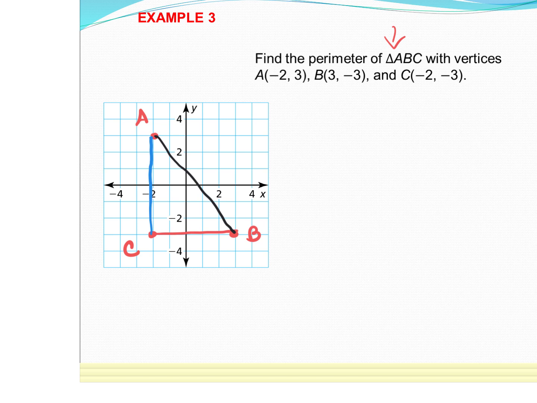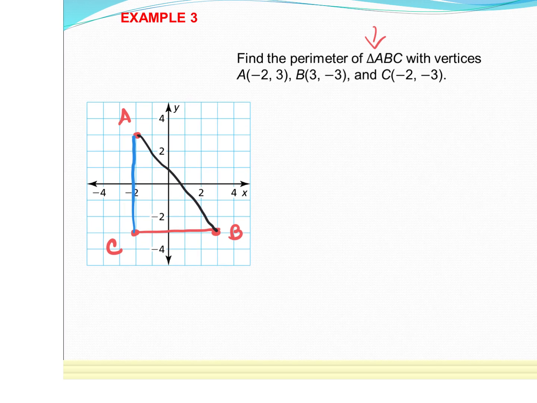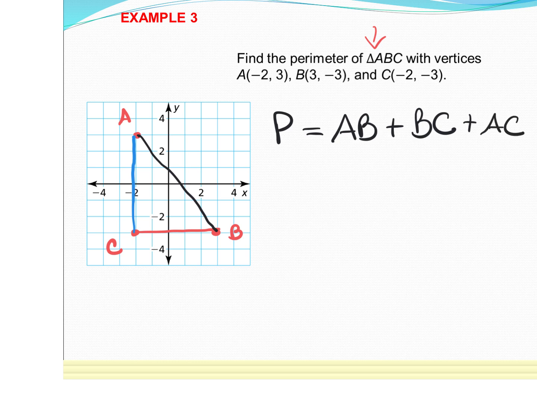Remember, in section 3, when your segment that you graph is a diagonal segment, you have to use the distance formula. However, for the horizontal and the vertical sides here, we could count the little squares. So what we need to do here to find the perimeter, we need to find the length of AB, add that to the length of BC, and then also add it to AC.